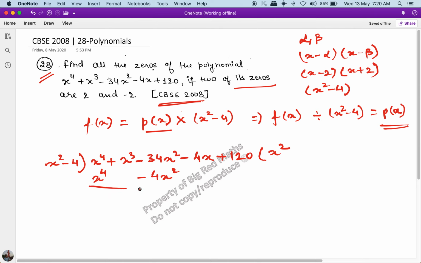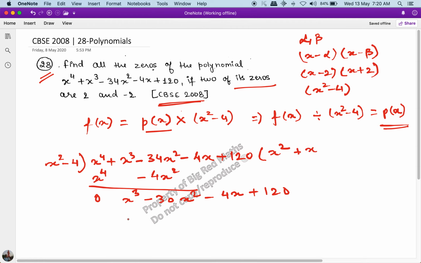Subtract these two. This becomes 0. This comes down as it is, which is x cube. This becomes minus 30x square minus 4x plus 120. Now I have to get x cube, so I multiply this with a plus x.